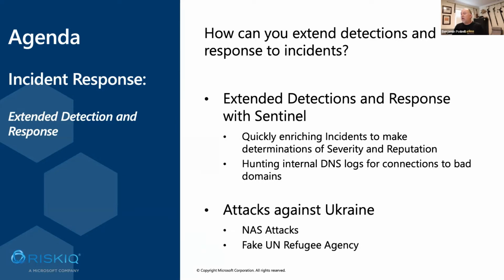Or looking at your events that have come into the SIEM, for example, and using that to hunt for things that potentially are bad, and then find out who might have done it internally. So typical things that you might be doing inside of any SIEM. It doesn't have to be Sentinel, but we're going to be showing Sentinel today.